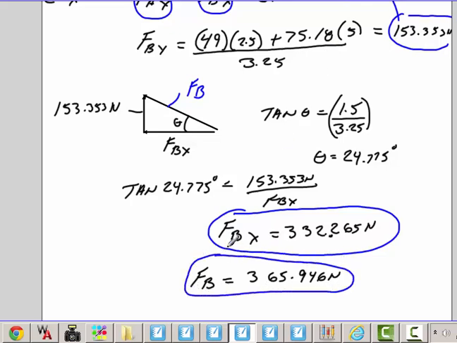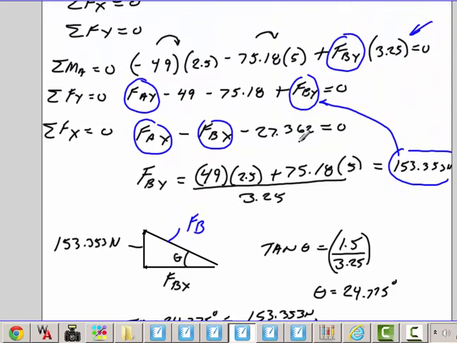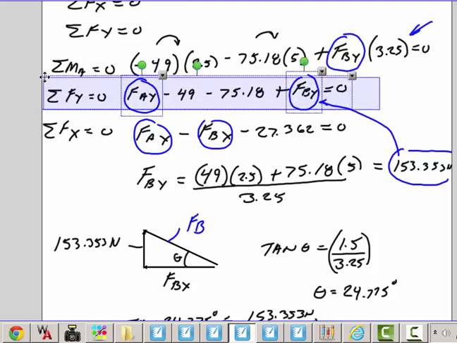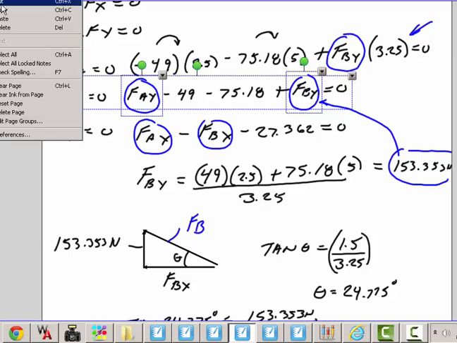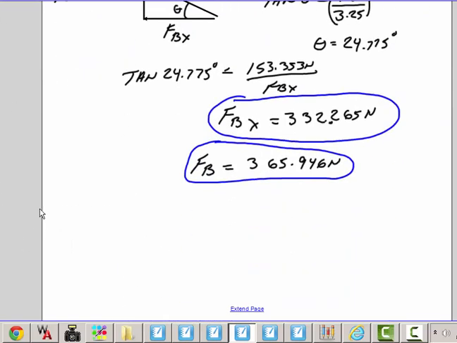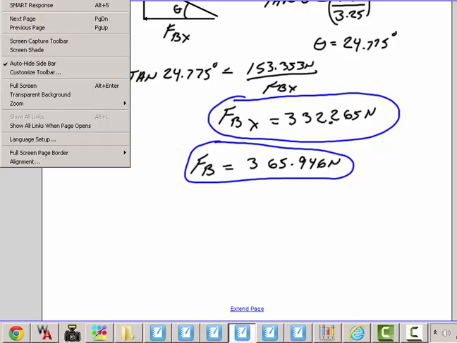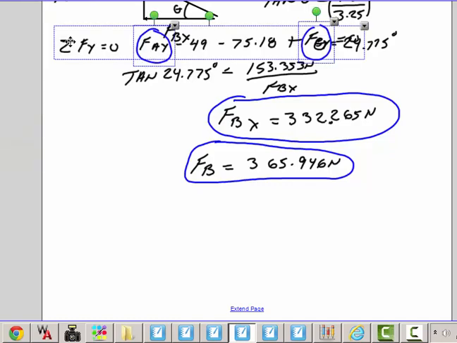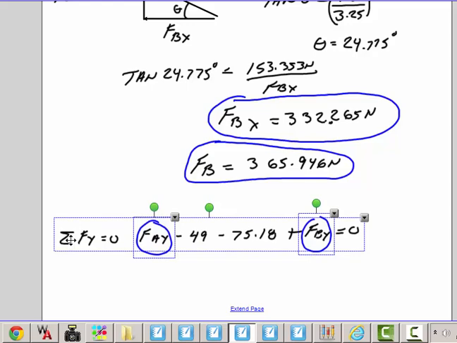Alright, so now we have FB pretty well defined. All I have to do now is take this value, we'll put it back into this equation, and we'll solve for this one. And I'm going to try to grab that so I don't have to write it all over again. We'll see if I'm successful. Edit, copy. I'm going to scroll down here, edit, paste. And I was successful.